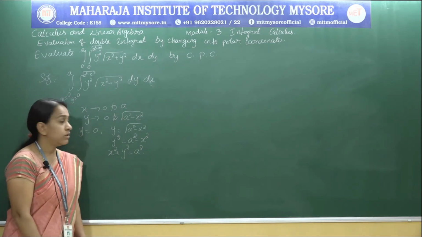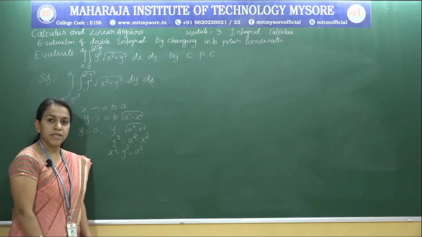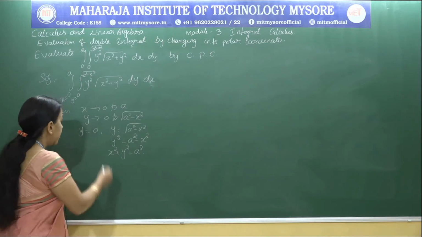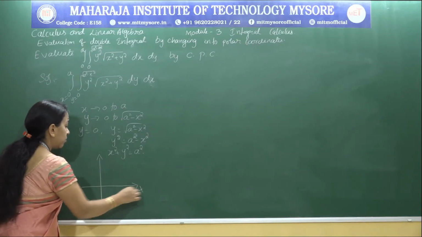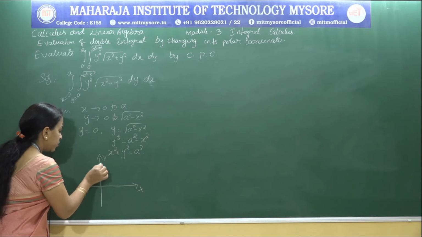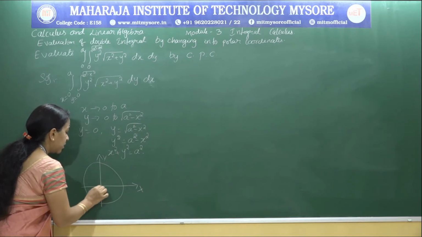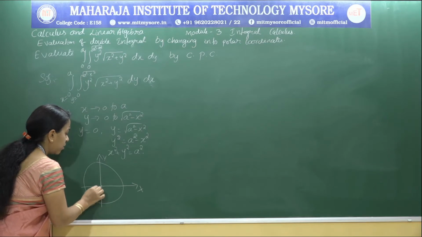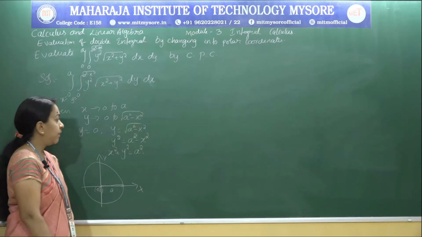That is the given curve. That is nothing but a circle with center at origin and radius equal to a, right? So let me represent that curve before going to convert that into polar form. So we have a circle with center at origin 0, 0 and radius equal to a, okay.